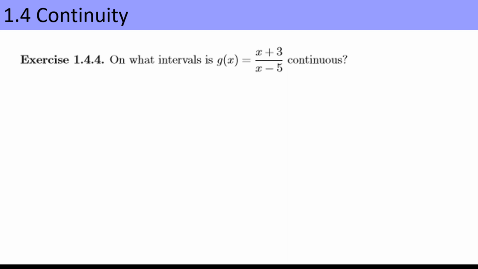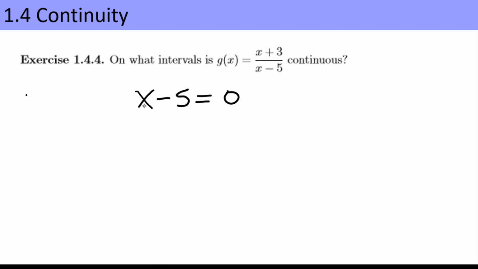Next example, 1.4.4. On what intervals is g of x equal to the quantity x plus 3 divided by the quantity x minus 5 continuous? This is a rational function. The only point or points of discontinuity is where the function either has a vertical asymptote or a hole. In this instance, we will have where the function is undefined, where the denominator equals 0.